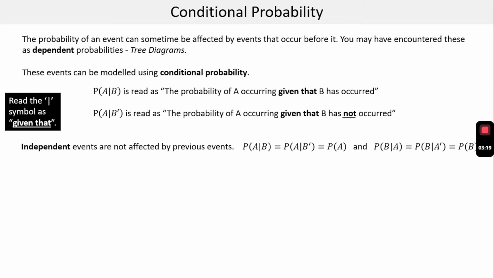If the probability of A given B is equivalent to the probability of A given not B, or just to the probability of A, then that proves that A and B are independent.